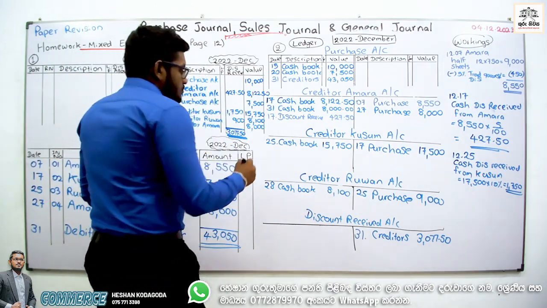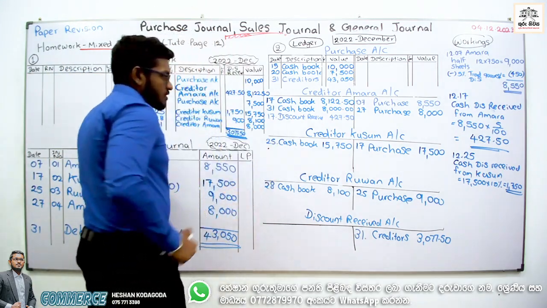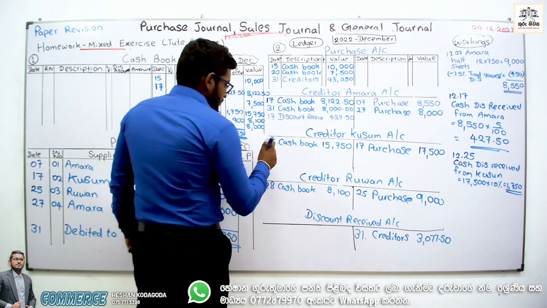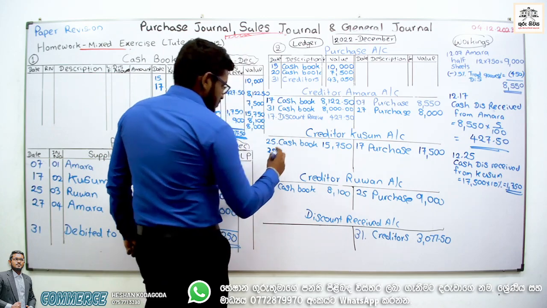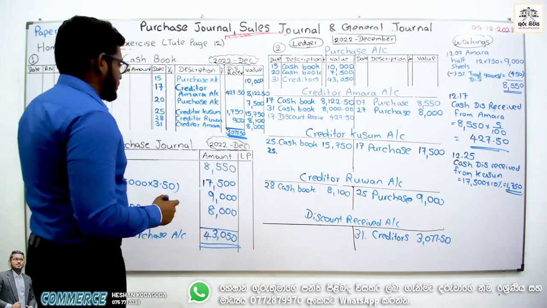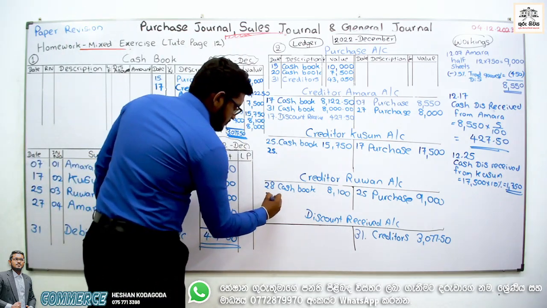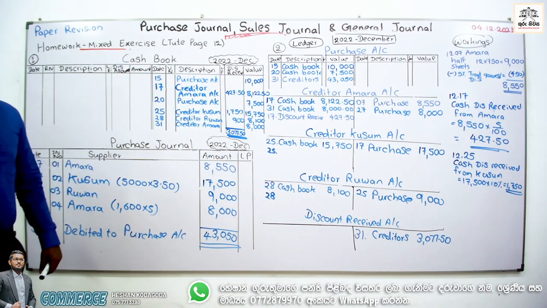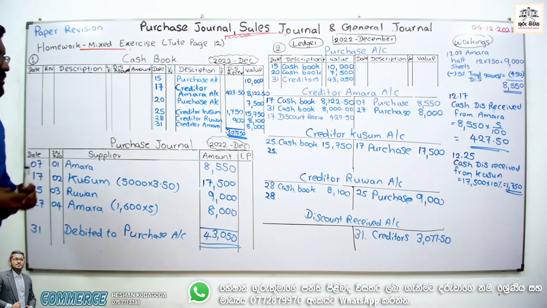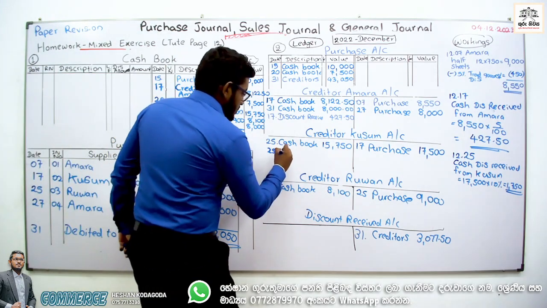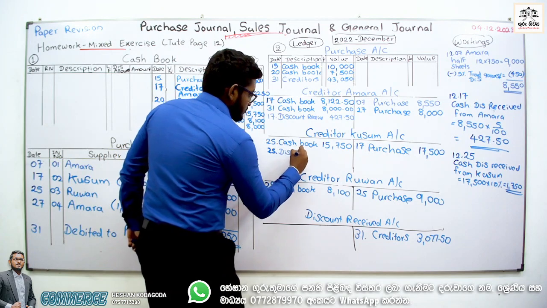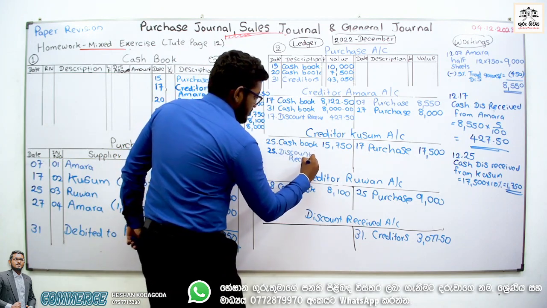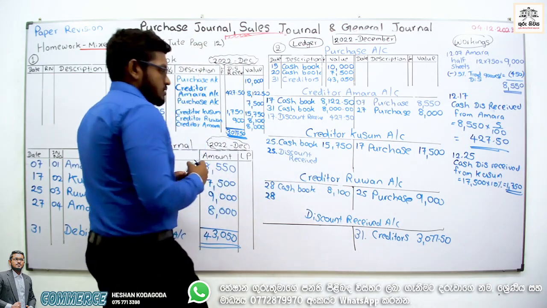To credit Kusum on 25th, from creditor Kusum on 25th, from creditor Ruan it's 28th. So you can write the amount. This is a discount received in here.